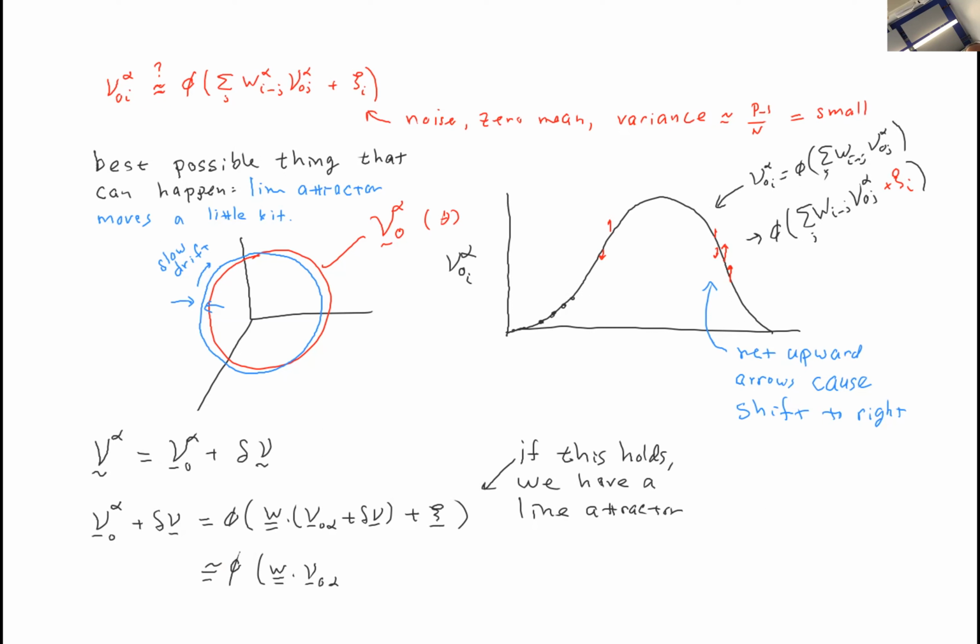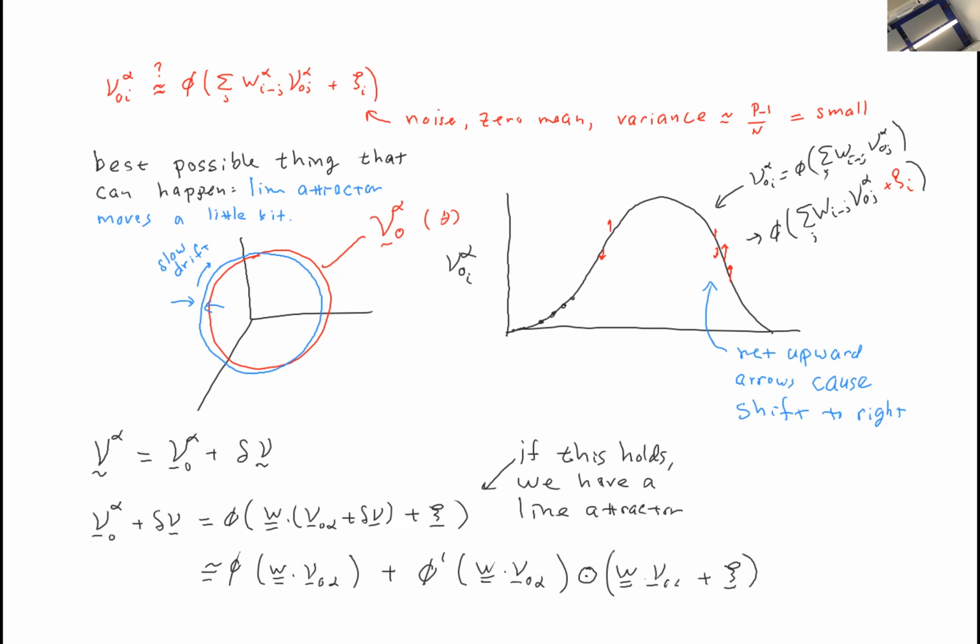So phi, that's our unperturbed solution, plus phi prime evaluated at w dot nu 0 alpha. And then I'll use this quantity here, w at nu 0 alpha, let's squiggle.